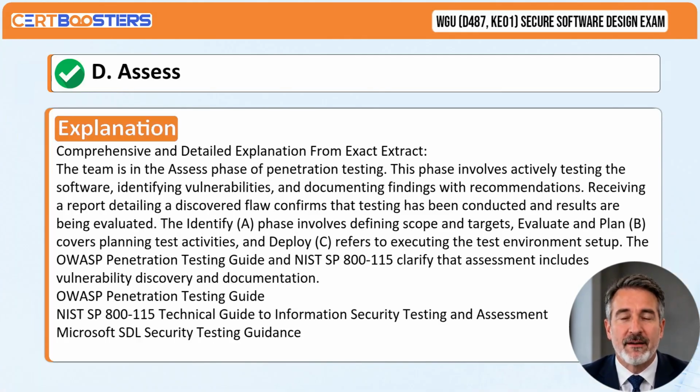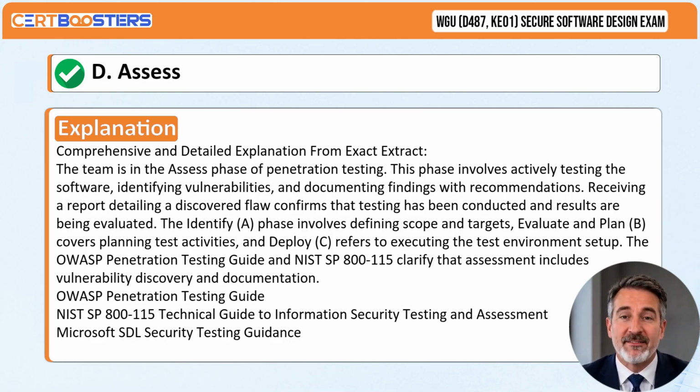Assess. Explanation: The team is in the assess phase of penetration testing. This phase involves actively testing the software, identifying vulnerabilities, and documenting findings with recommendations. Receiving a report detailing a discovered flaw confirms that testing has been conducted and results are being evaluated.